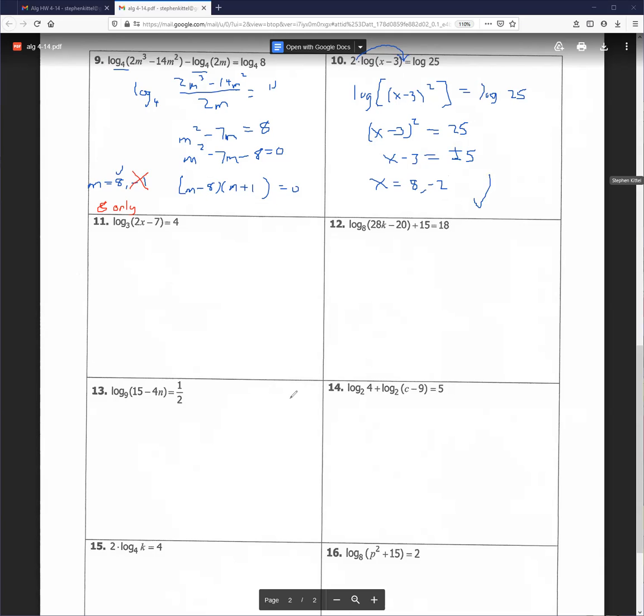Except it doesn't. Sorry, let's go back to our original. If we put in a negative 2 up here, this becomes just straight up log of negative 5, and that is no good. So I stand corrected. This is also 8 only.